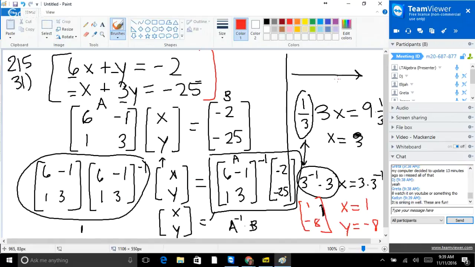So what I thought would be actually interesting to do would be to pick one from 3.4 that you guys are doing all this crazy work for and see if we can use matrices to solve it. Wouldn't that be fun?